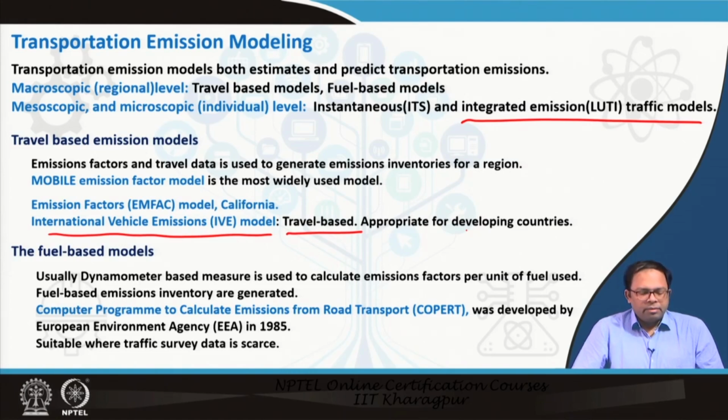And then one of the models developed by the European Environment Agency is COPERT, which is a computer program to calculate emissions from road transport. This is one of the popular fuel based models in use, and this kind of model is suitable where traffic survey data is relatively scarce.